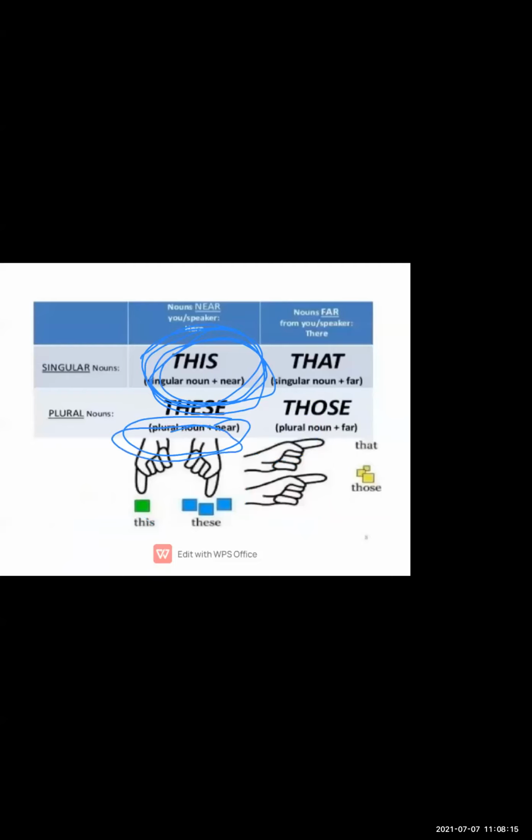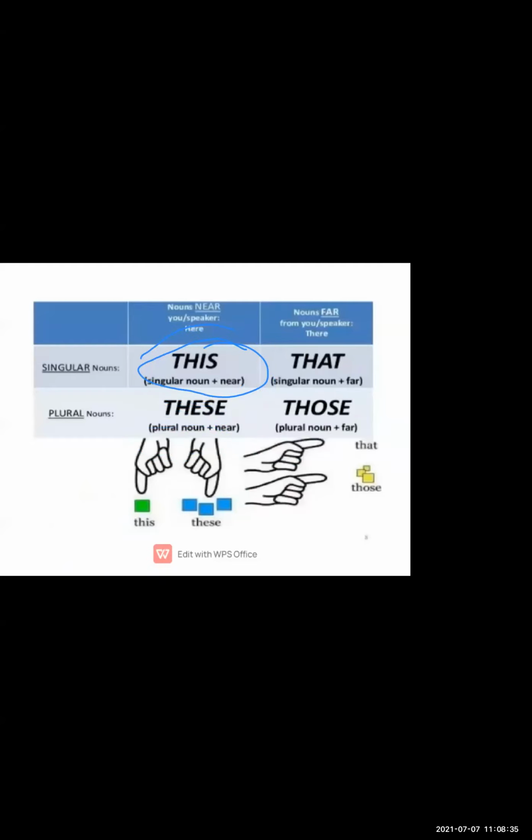Now suppose the mobile is near to me. So I will say, this is my mobile, because it's near to me and it is singular. So at that time you have to use this. Understood?